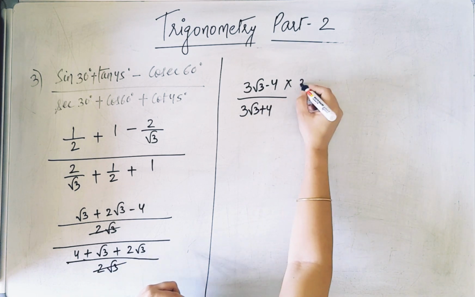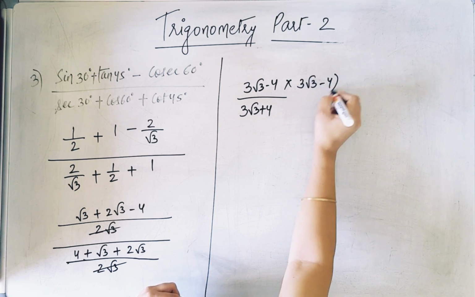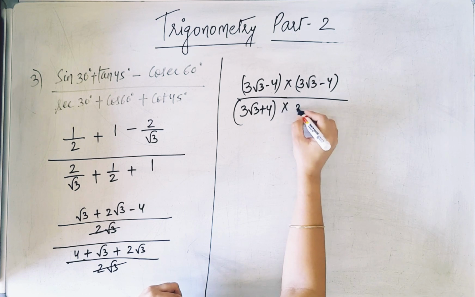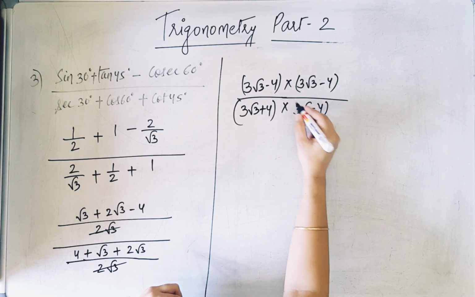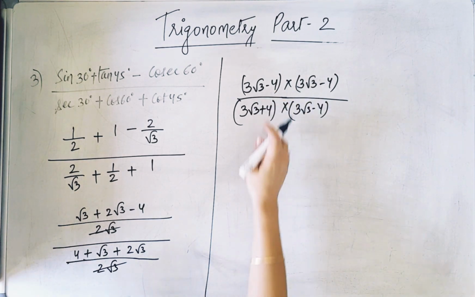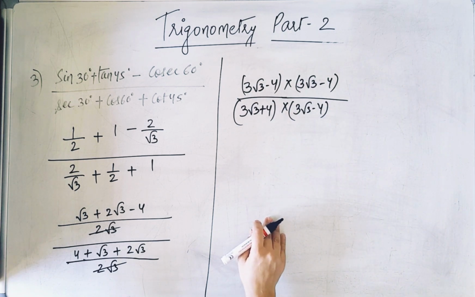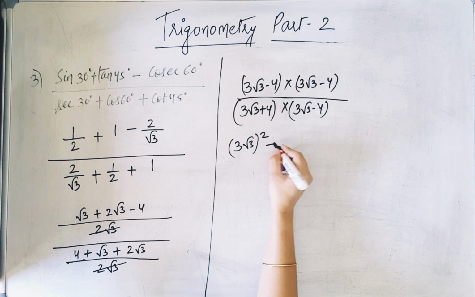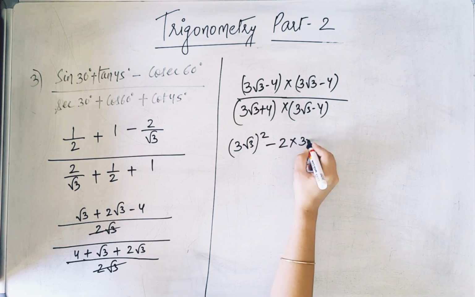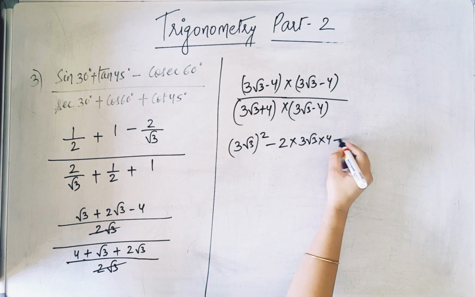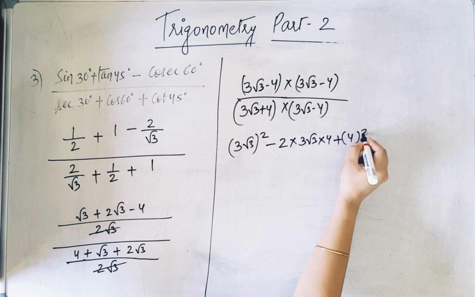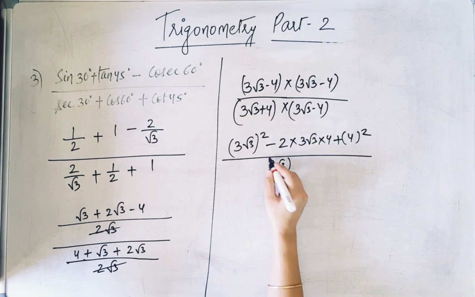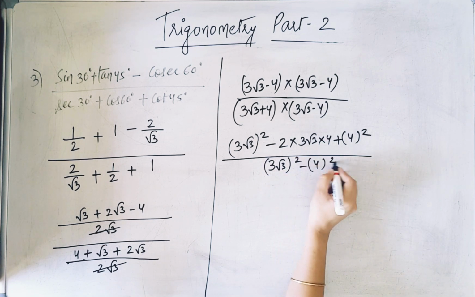We'll rationalize it. 3 root 3 minus 4 by 3 root 3 minus 4. So in the numerator we'll put the identity of a minus b whole square. So (3 root 3) square, a square, minus 2ab, 3 root 3 into 4, plus b square. Similarly in the denominator a plus b, a minus b, (3 root 3) square minus 4 square.